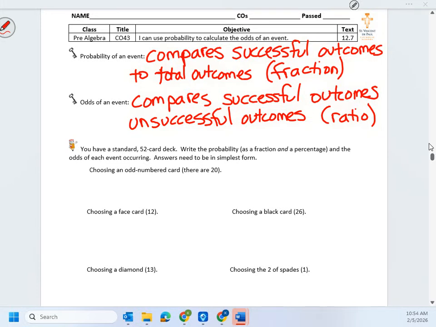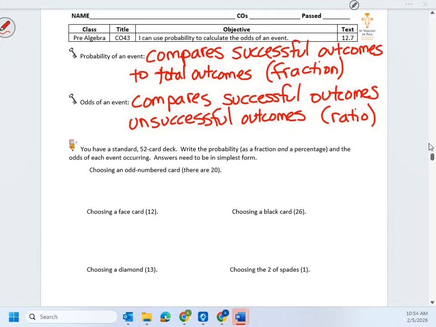So if we have flipping a coin 10 times, right? We're flipping that coin and we want to get heads. So I flipped heads 3 times. My successful outcomes are 3. So what's my unsuccessful? How many unsuccessful would there be if I flip my coin 10 times? 7. Because I flipped it 10 times.